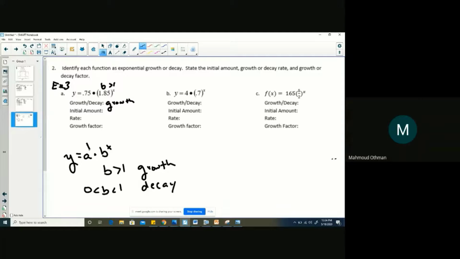My A value is going to be my initial. So right here is my initial. So my initial amount is 3/4 or 75 hundredths. My rate, because remember, B equals 1 plus or minus, plus for growth, minus for decay.